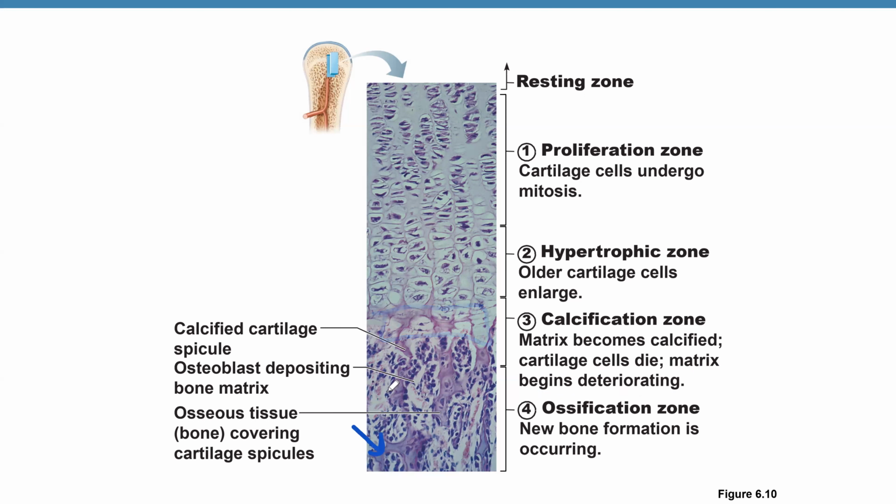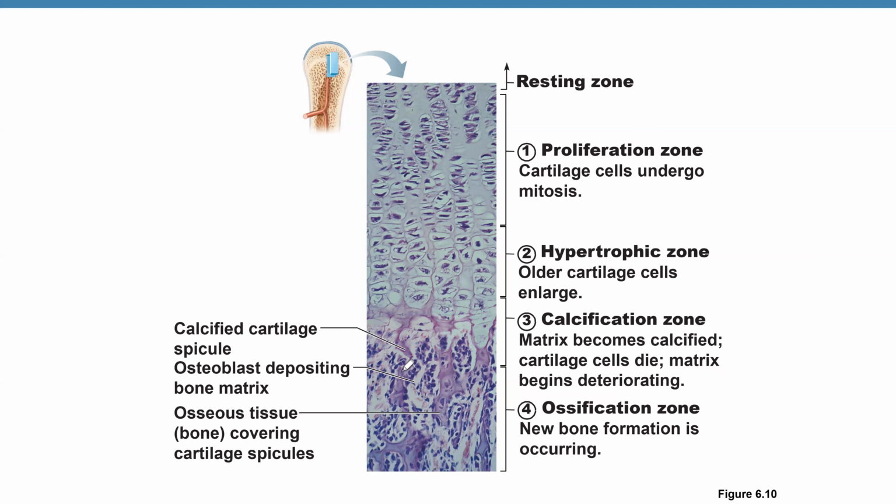Now, this is towards the epiphysis, and this is towards the diaphysis. In the diaphysis, we already have bone. So we have bone cells, osteoblasts and osteoclasts, right? So when we have cartilage that is dead, we're going to replace this space with bone tissue.